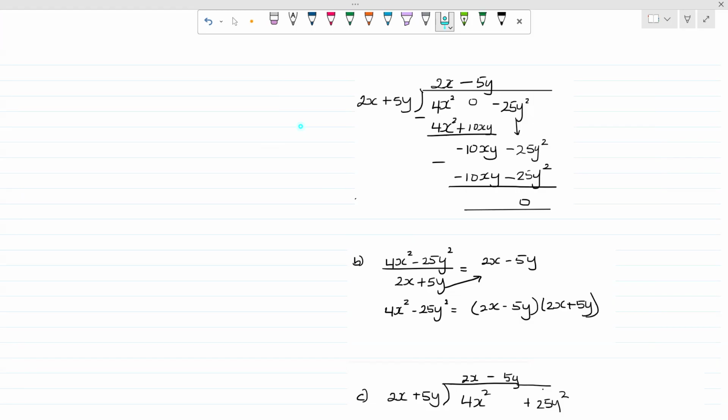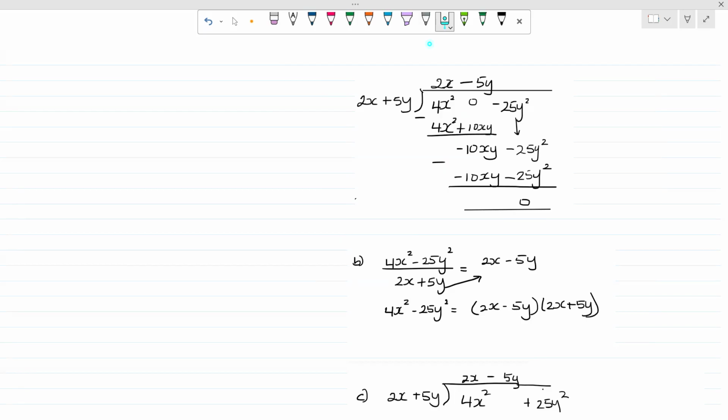When we multiply our 2x by this 2x here, this is how we get in our 4x squared. And then 2x by this plus 5y here is giving us a positive 10xy. This is why I have this 0 here, because I do have a term here to match with it.